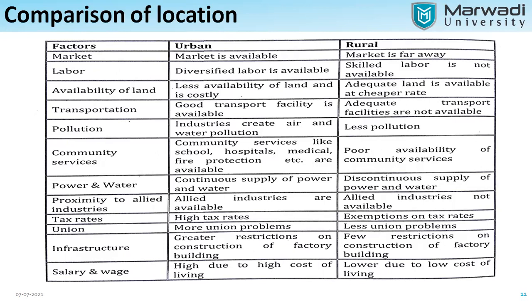Community services की बात करें तो community services like school, hospitals, medical, fire protection, etc. are available in urban areas, while if you compare with the rural area, poor availability of community services will be there.